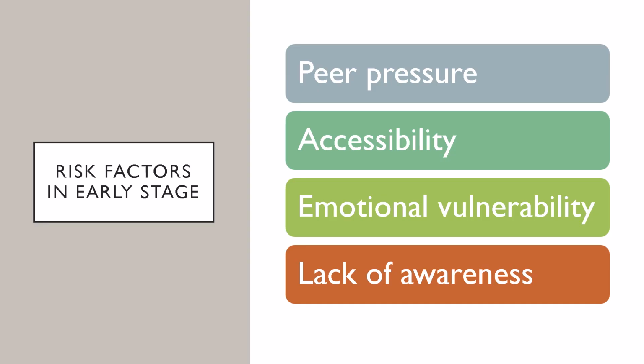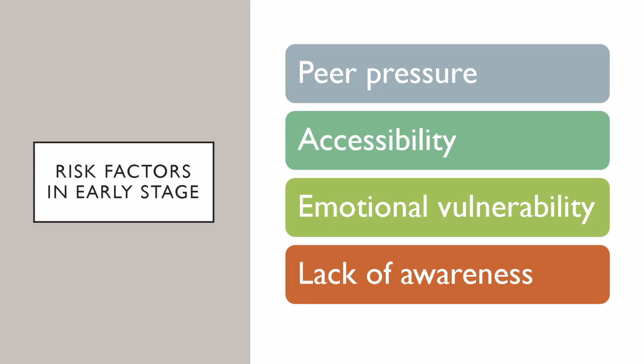So there's several risk factors that can increase the likelihood of progression during the early stages of substance use. Peer pressure is one of the most common. People may feel pressure to fit in or be accepted by their social groups. Accessibility is another factor. When substances are easy to obtain, the barrier to use is lower.